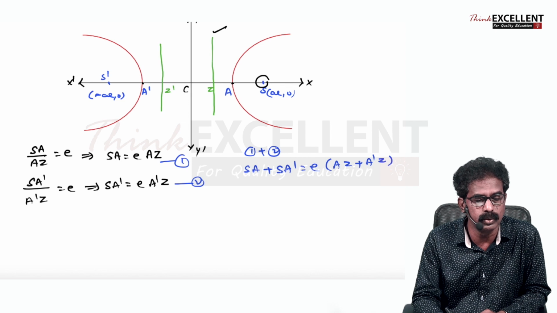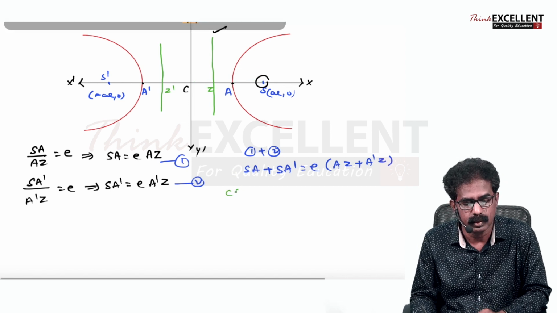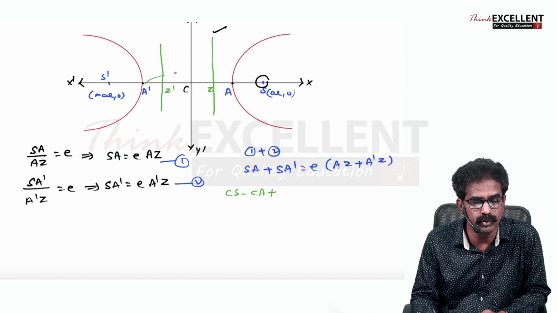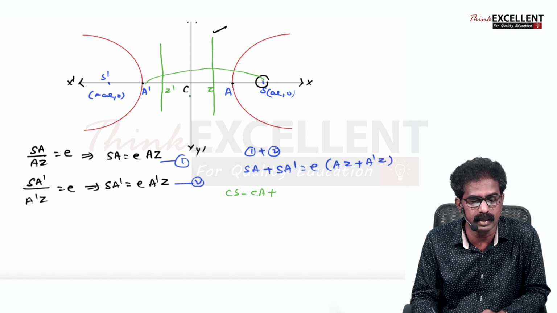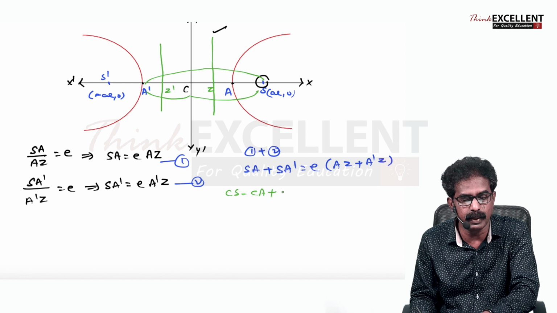In such case, you write in terms of C. SA, this length, can be written as CS minus CA, plus SA dash. SA dash, this full length, can be written in terms of C as CA dash plus CS.